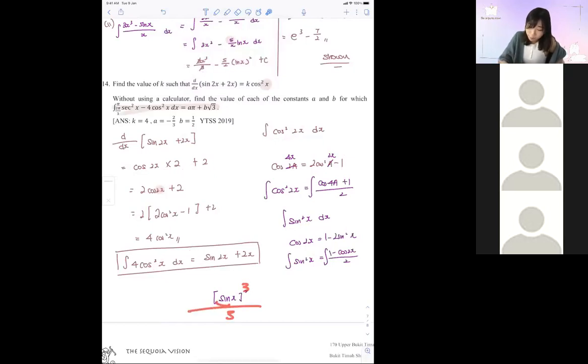Wait, what if they put sine x cosine x, like integrate of sine x cosine x? Very good question. If I ask you to integrate sine x cosine x, multiplied, right, Dylan?